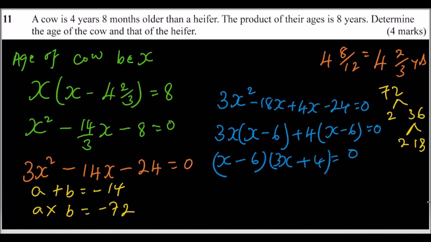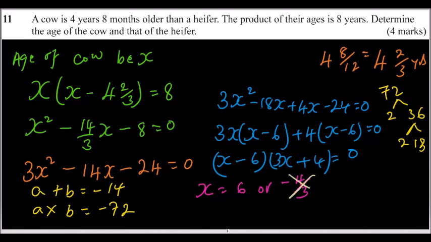So here you'll be able to get the value of x. We say x is equal to 6, or when you take the 4 to the other side, it becomes minus 4 divided by 3, you get minus 4 over 3. And because we are talking of age, age cannot be negative, so you ignore that.